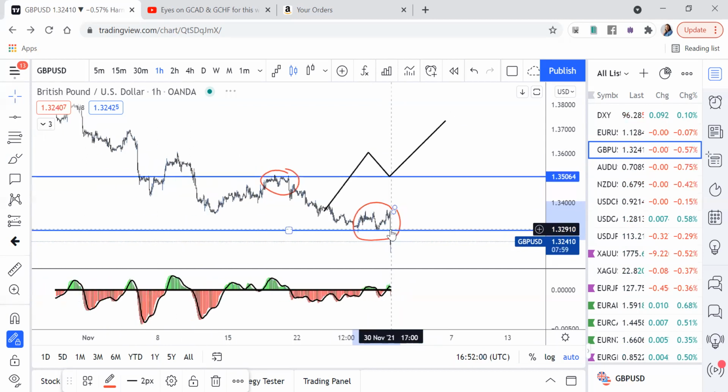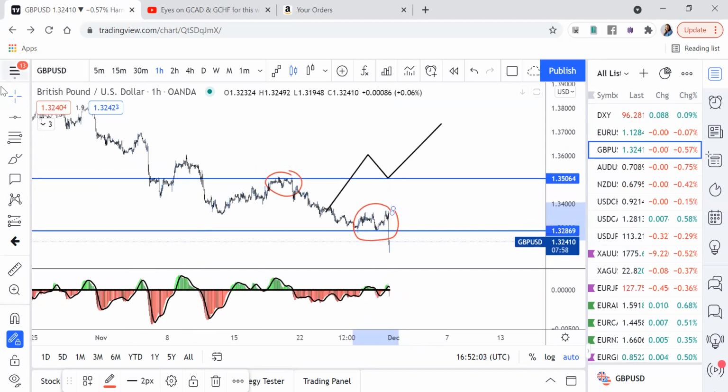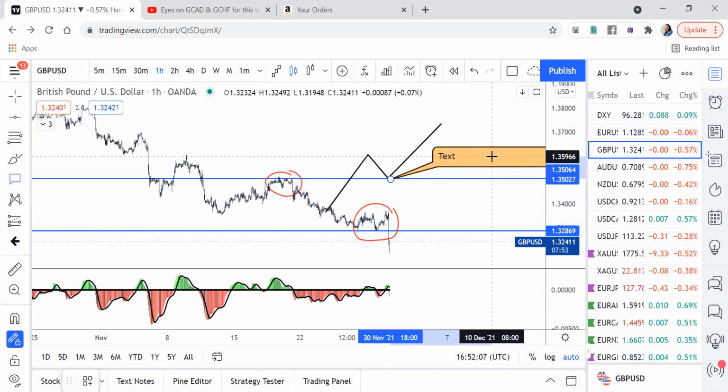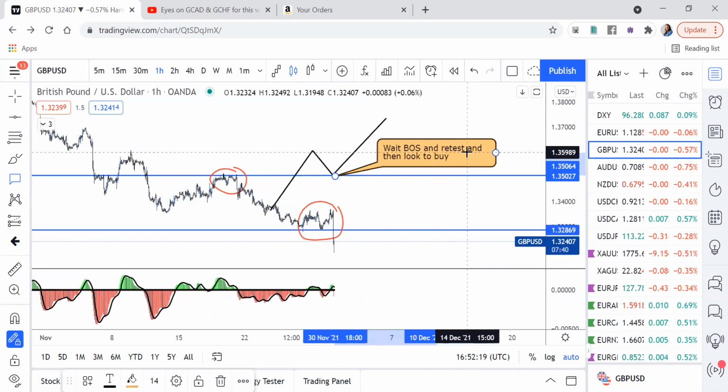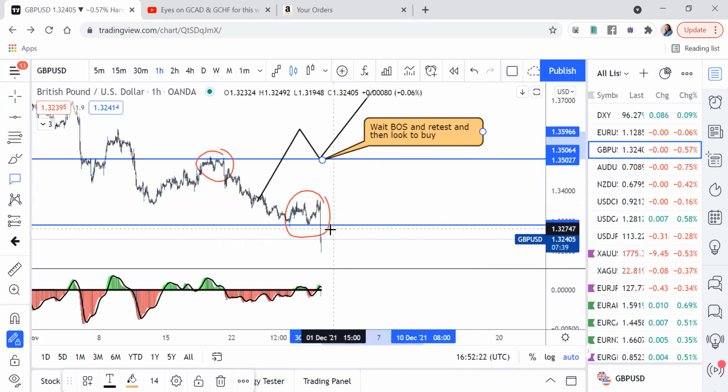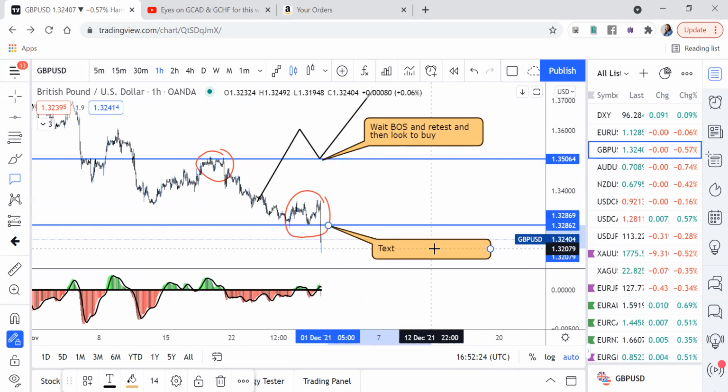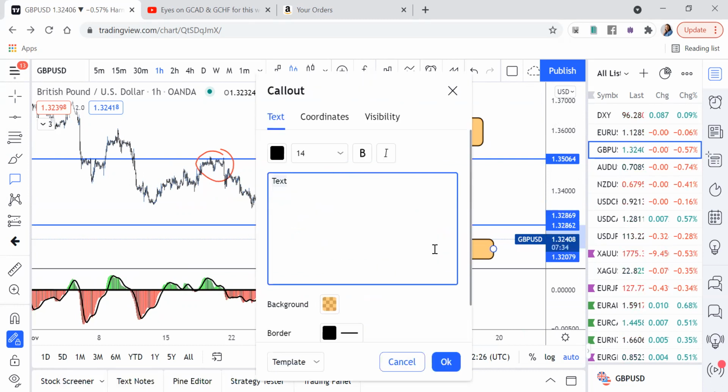So for me, with GU, this is what I would put here, and this should help you guys a lot. I am going to say wait for a break of structure and retest, and then look to buy. There's a potential there. But also, because we had this, wait for a stronger breakout.